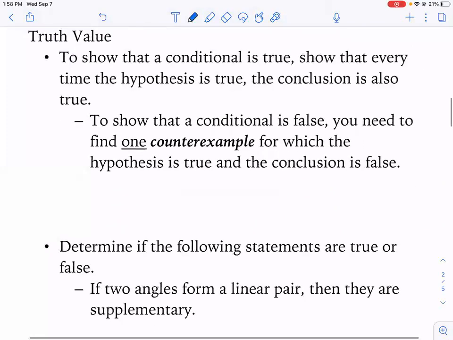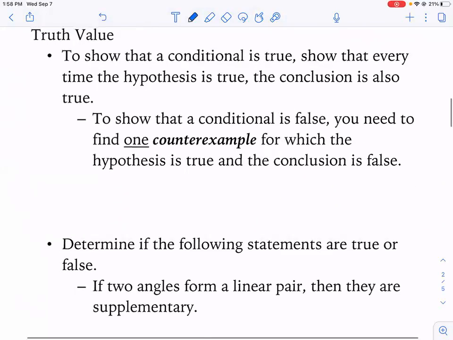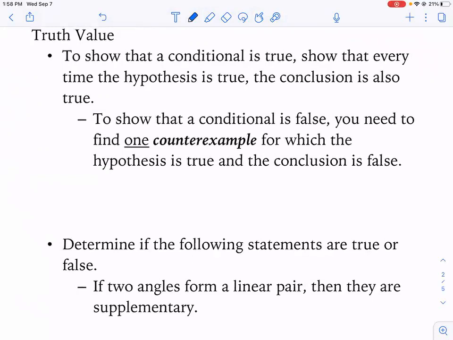If we have a conditional that is true, then we need to show that every time the hypothesis is true, the conclusion is also true. So basically, if our conditional statement is false, we need to show a counterexample. Okay? If something is not true, we need to show a counterexample.